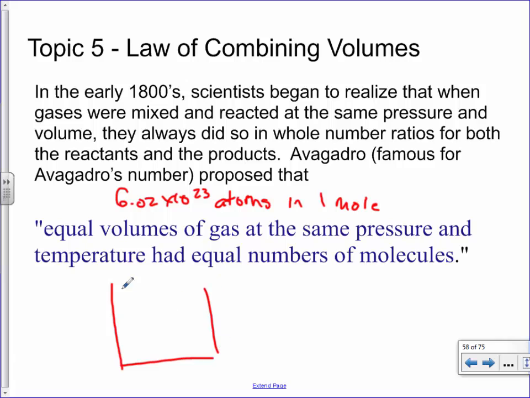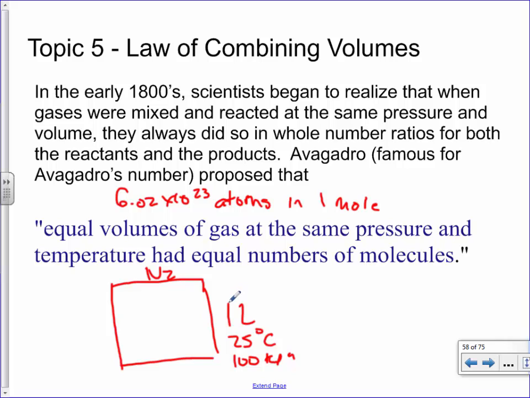Let's say that you have a container, and let's say that this container is 1 liter. Okay. And let's say that, just to make things simple, let's say that we did SATP. So do you guys remember SATP means that it's 25 degrees Celsius and 100 kilopascals. And let's say that this is nitrogen gas.